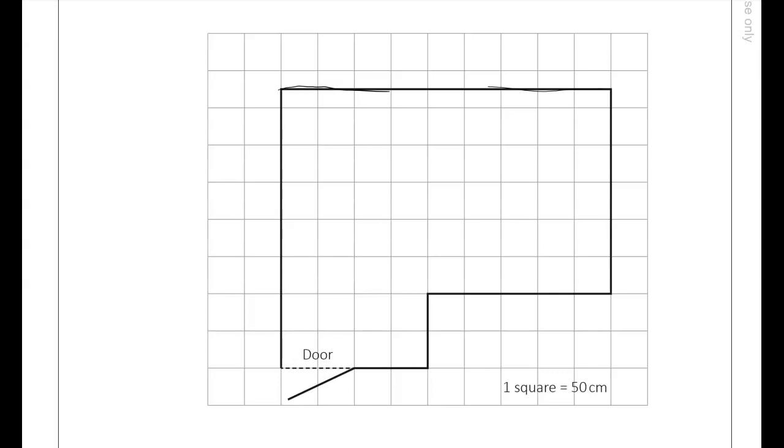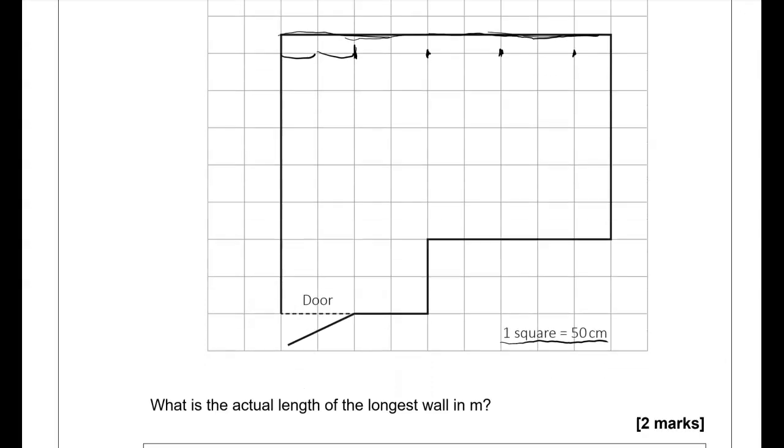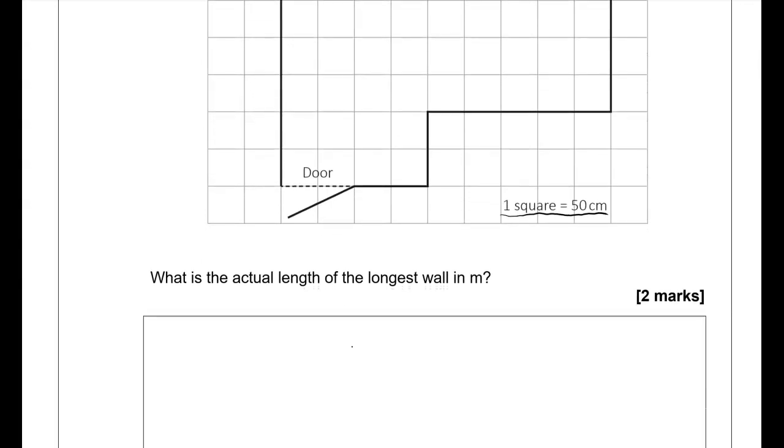So this is 1, 2, 3, 4, 5, 6, 7, 8, 9 squares long. Now it says here that 1 square is equal to 50 centimeters. So if this is 50 and this is 50, that would be 1 meter. That would be another meter, so 2 meters, 3 meters, 4.5. So 4.5 meters.